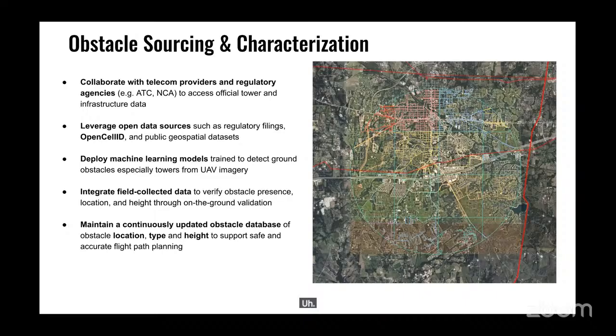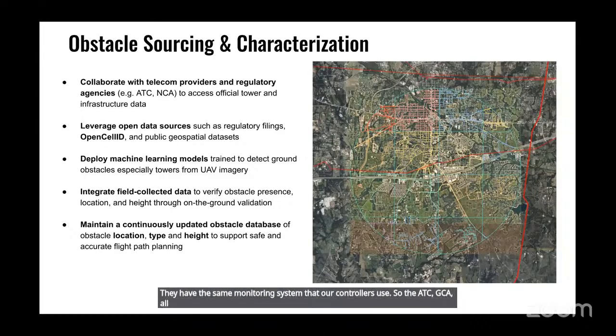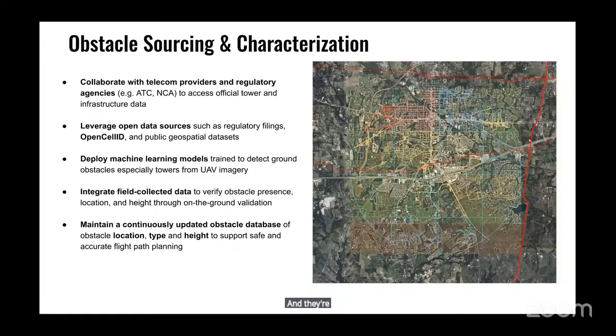Yes, we have the concept of anytime hold. Let's say a Zip is flying and we get a call from, let's say, GCA that, hey, we see that your Zip is flying in this location. They know that because they have the same monitoring system that our controllers use. So the ATC, GCA, all our stakeholders have the monitoring system and are able to see in real time where our drones are flying.